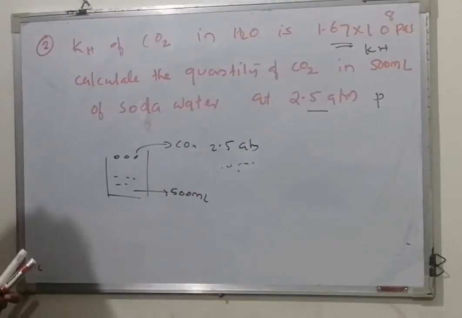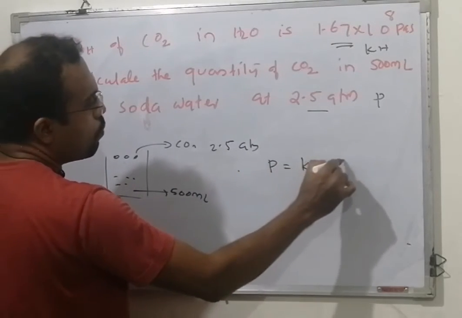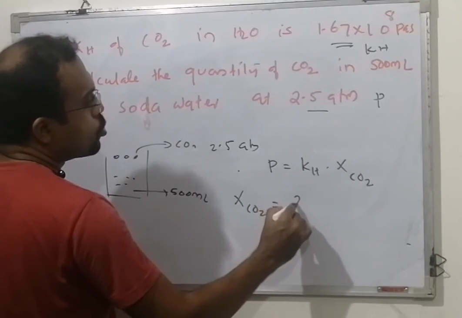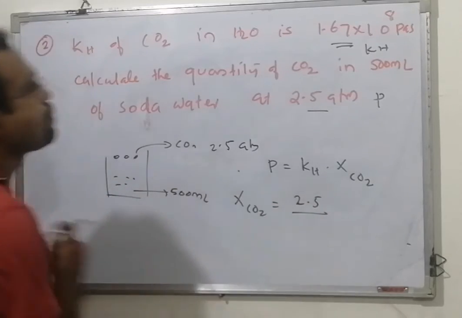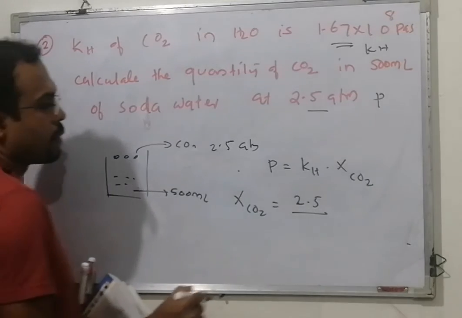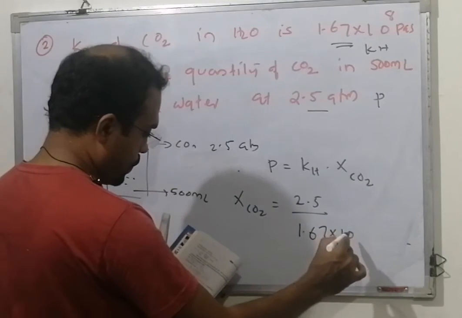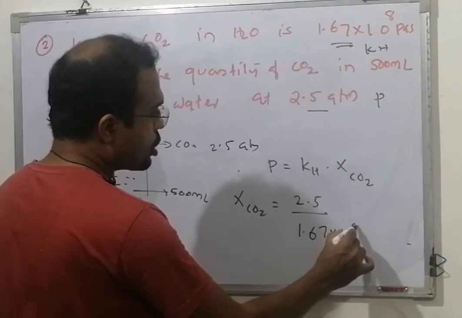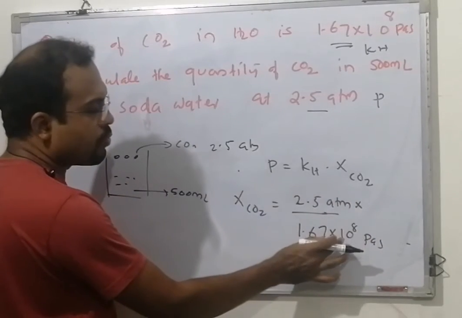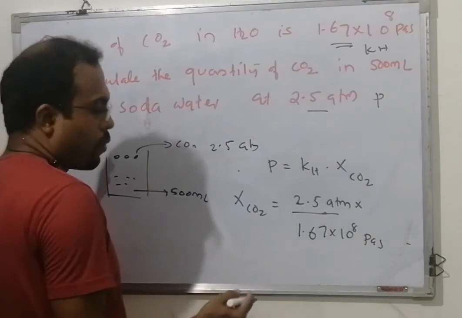First, this is our relation. P is equal to KH into mole fraction of carbon dioxide. Mole fraction of carbon dioxide is nothing but 2.5 divided by 1.67 into 10 raised to 8 Pascal. This is in atm, so either convert this into Pascal or that into atm. You can do both.